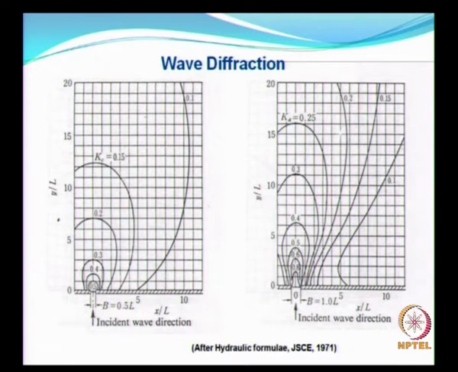On the right-hand side you see a similar picture for the breakwater gap equal to the wavelength. Naturally, if you keep increasing the gap, your disturbance inside the area is going to increase. So, this is where you need to carefully design the harbor layout.